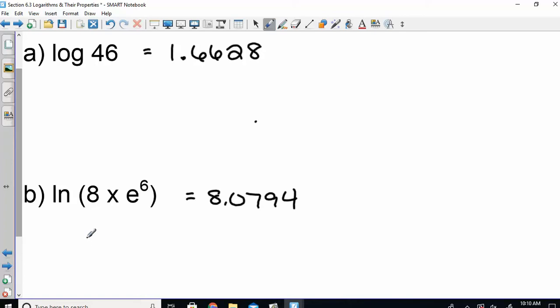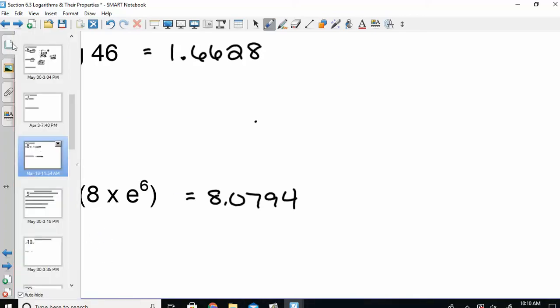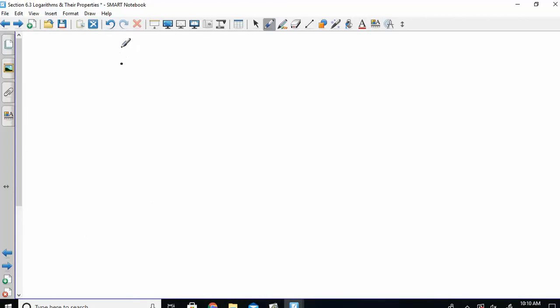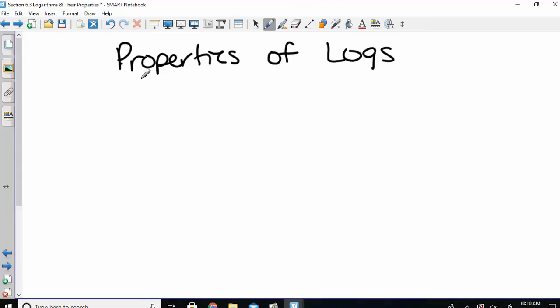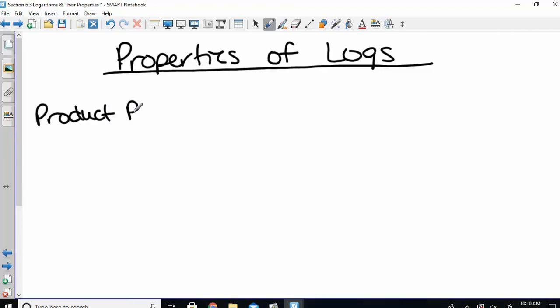The last piece I want to do, there are a few properties for logarithms that I want to get down in our notes. I may do 1 or 2 brief examples of this today, and then this will be where we pick up tomorrow.